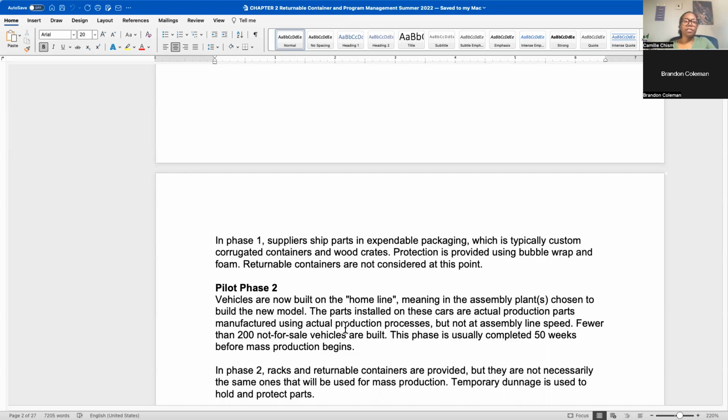But if for some reason there's some change in the contract, or maybe that supplier ends up being at full capacity and they can't do it, and they're going to have to source another supplier, then you're going to have to determine whether or not the new supplier meets the criteria for a returnable pack versus an expendable one.